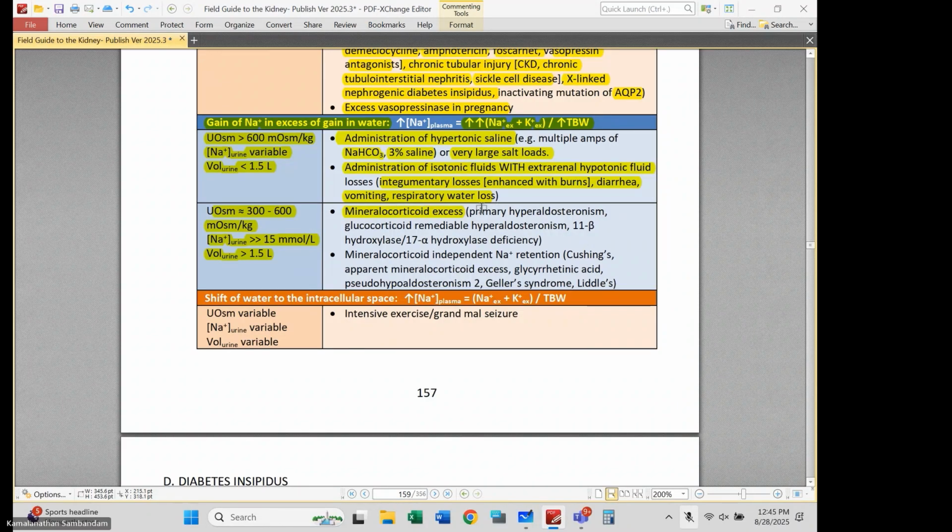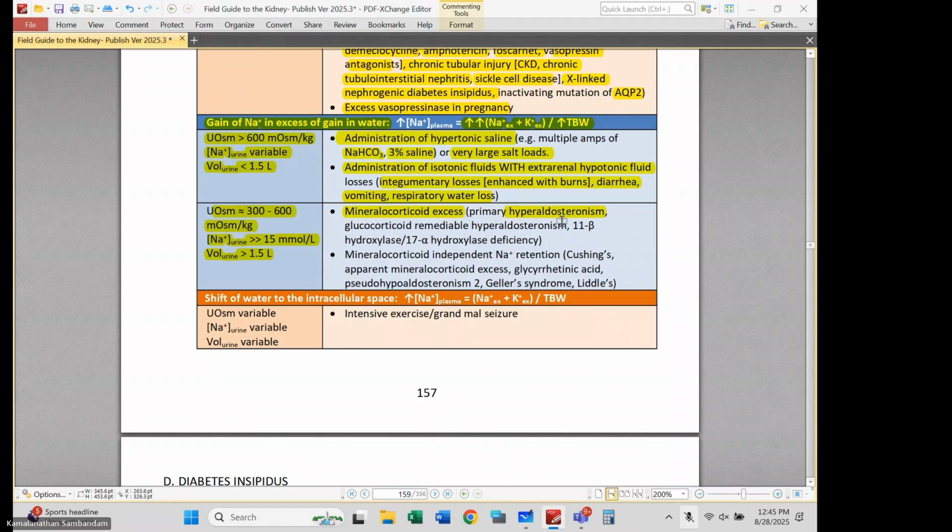Remember, we talked about this, that when you're chronically volume expanded, as you might expect in hyperaldosteronism, you can have a reset osmostat, right? The most common reset osmostat is one in which you get hyponatremia. Scenarios in which you'll have reset osmostat and hyponatremia, the most common is going to be your pregnant female. That will be a form of reset osmostat to a lower set point of serum sodium.